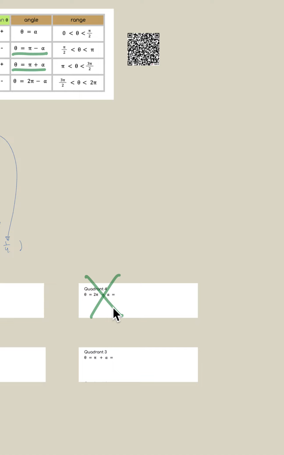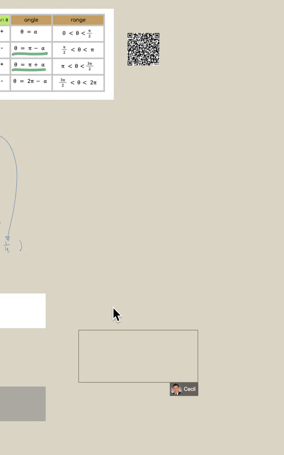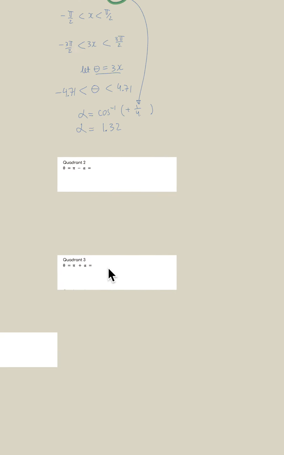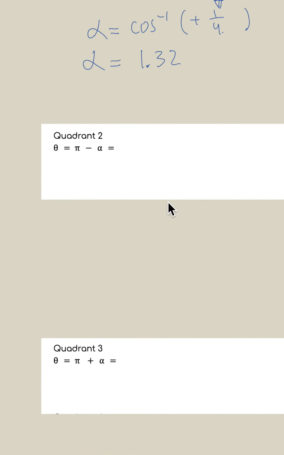So we remove quadrants 1 and 4, and we only do quadrant 2 and quadrant 3. Quadrant 2 first.